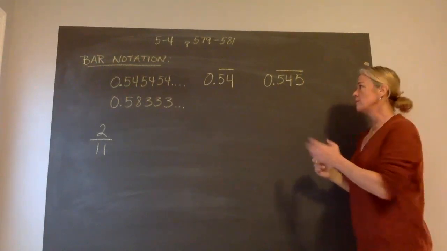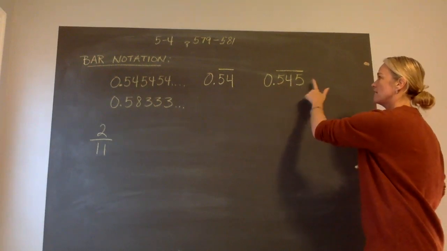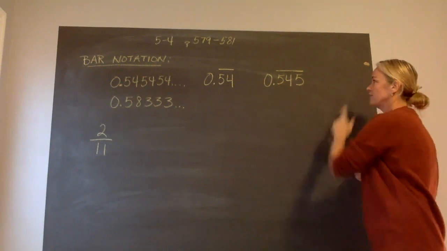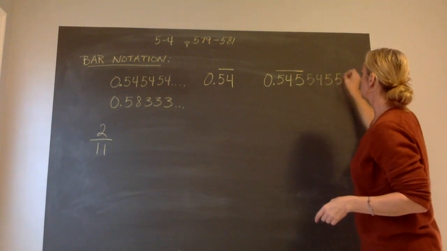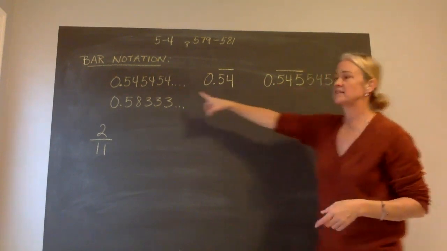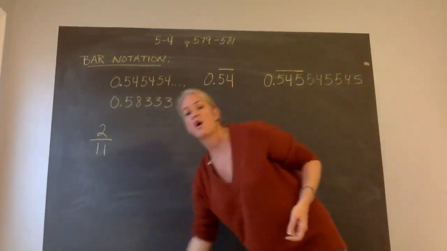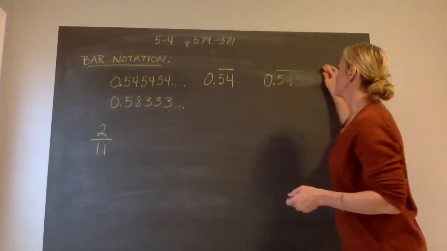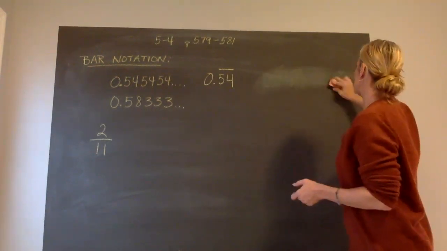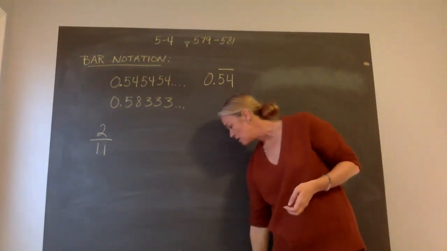The problem is what is repeating here is not 545, 545, 545, because if that were what was repeating, this is what it would look like, and that is not the same thing as this. So you want to make sure that you are correctly indicating which digits repeat so that you end up with the same sort of pattern.